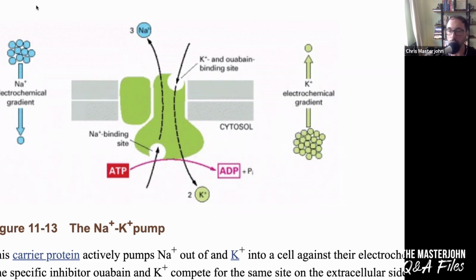And so, just like it takes energy to climb up the ladder to get on top of the diving board or the building, or just like it takes energy for a production plant to put food coloring into that little bottle, so it takes energy to put sodium all on one side of the membrane if where sodium wants to be is spread out. Similarly, it takes energy to put potassium all on the other side of the membrane if where potassium wants to be is spread out.